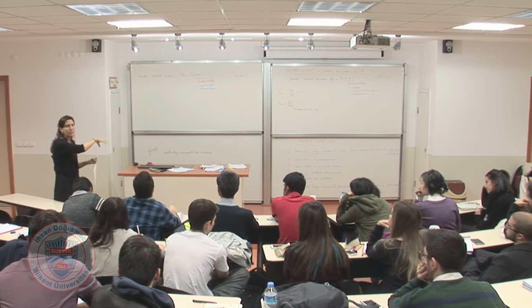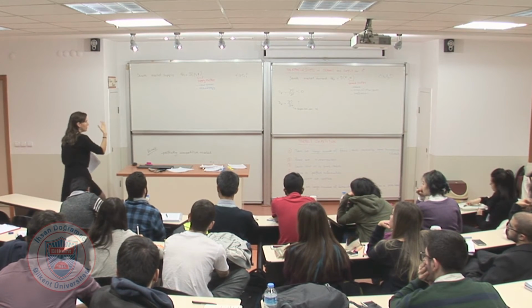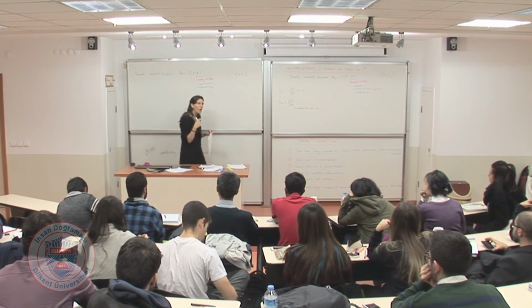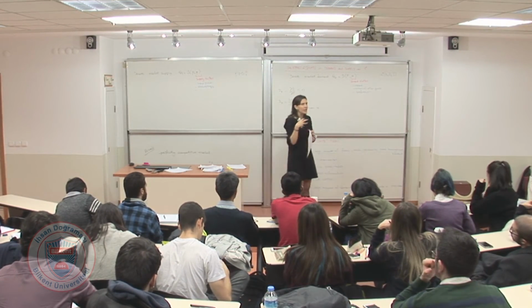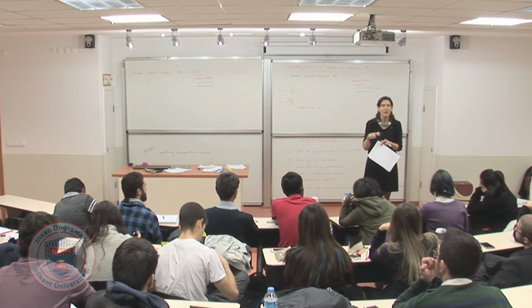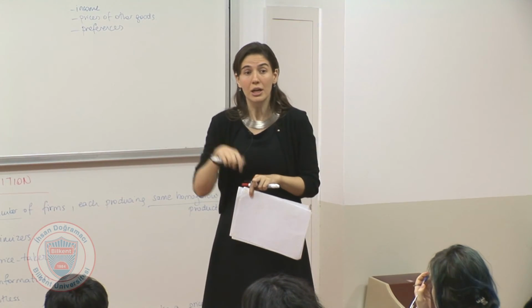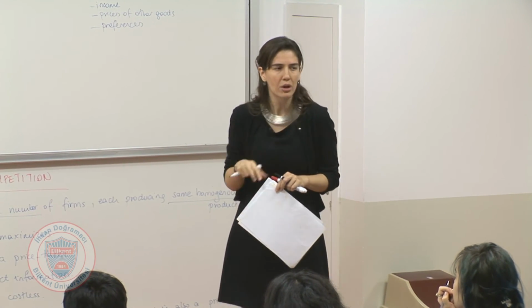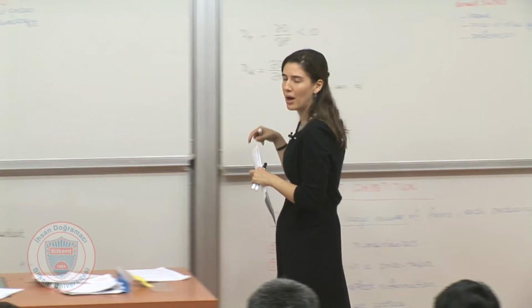Here we're talking about a very simple firm, but always keep in mind that if firms are not price takers, if there are some strategic actions going on, prices of other products might also affect how much you're going to supply.